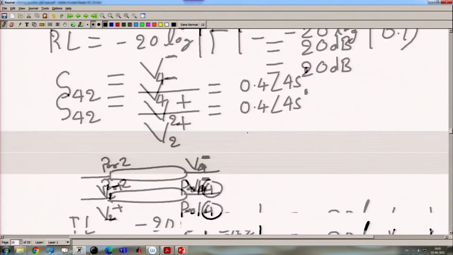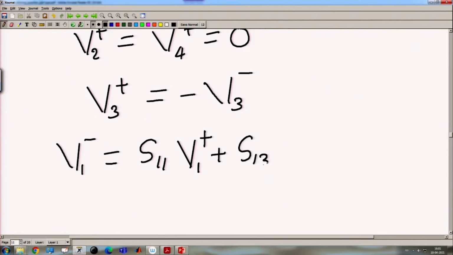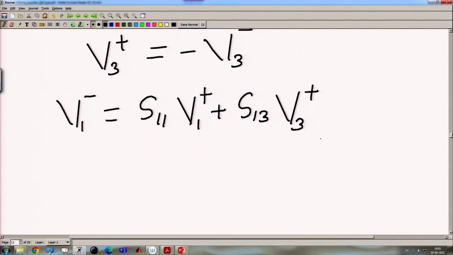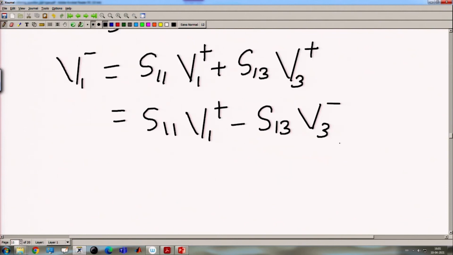From the equation of V1 minus, with V2 plus 0, V4 plus 0 and V3 plus equal to minus V3 minus, we can write V1 minus equals S11 V1 plus minus S13 V3 minus.